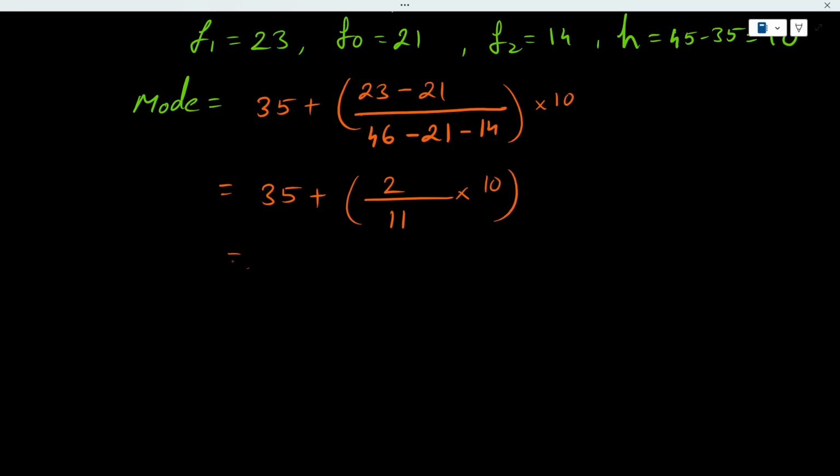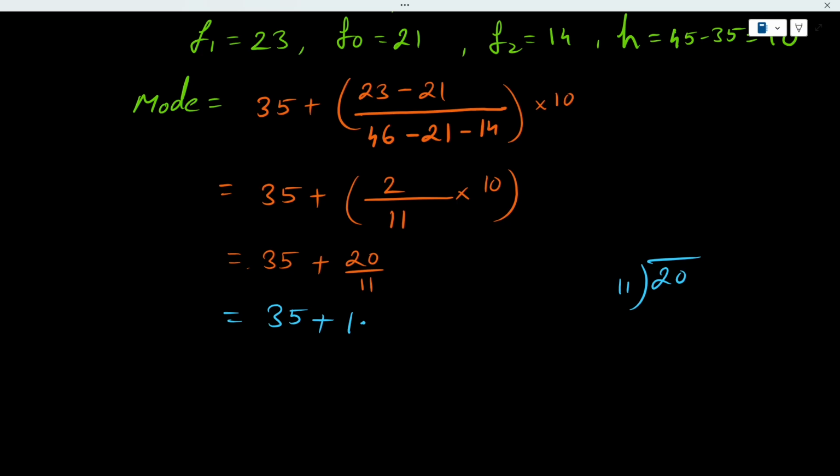Now, you don't need to find the LCM because it's coming 20 by 11. So I'll convert this value into a decimal, which is easier for calculation instead of keeping a bigger value. You can do the long division, or you can do mental math, but remember you have to calculate up to 3 places so that you can round off to 2 places, right?